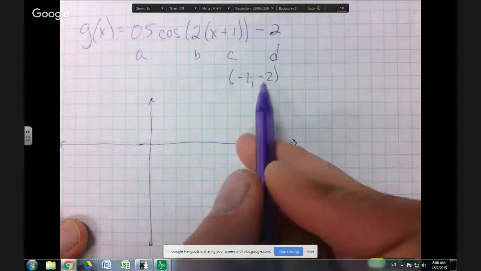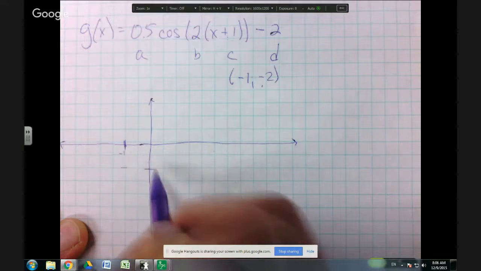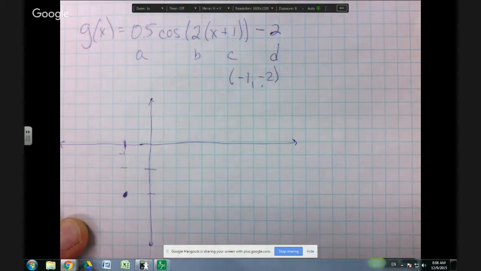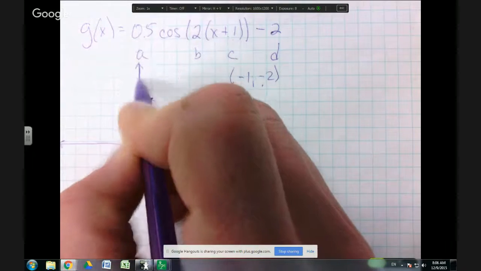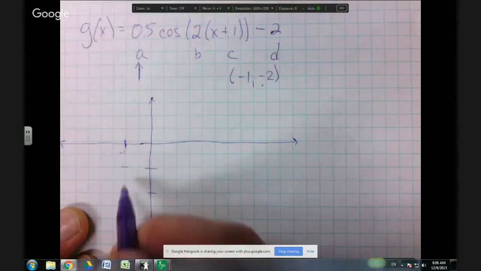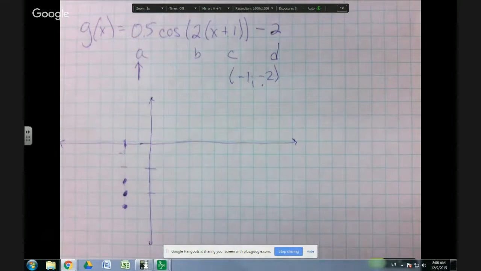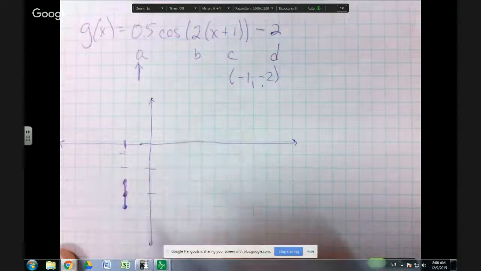Okay, so we're going to graph this point, -1, -2, and then we're going to use our amplitude, 0.5. So we're going to go up a half and down a half. So we've formed the left side of our window there.